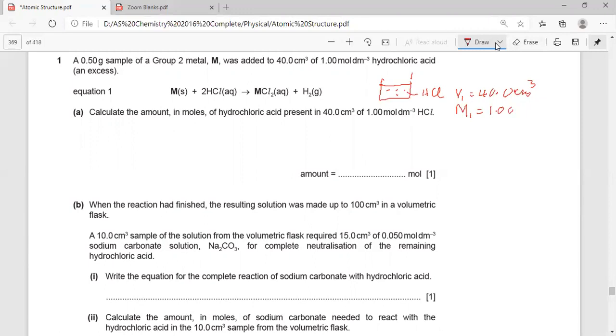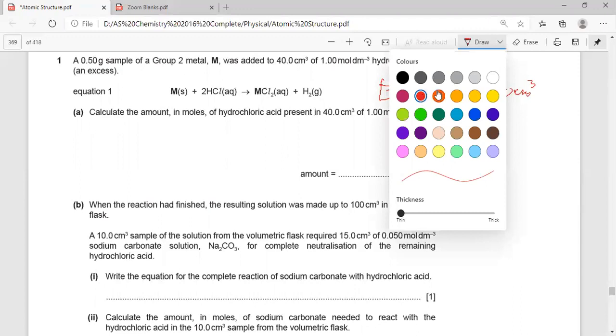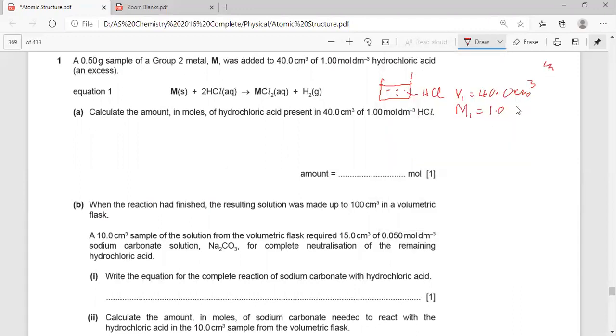And here you put in your M. What's the mass of M? 0.50. See the decimal points. You put it inside here, and what comes out here? Hydrogen gas. Of course, the excess acid remains.